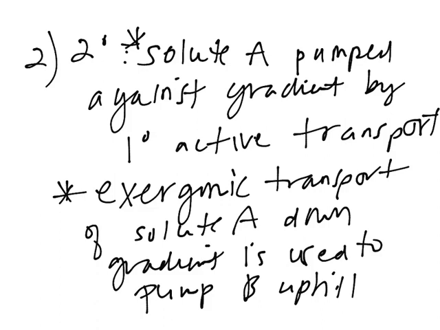And now when it flows back down its gradient, that energy from it moving to a lower potential, so it's exergonic, it's freeing up Gibbs free energy, that energy now is used to take a second solute, solute B, and pump it against its gradient. So in our examples that the groups are going to be showing, we'll see examples of all of these different types of transport mechanisms.